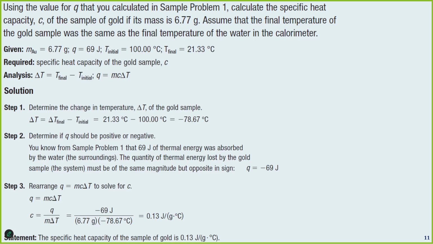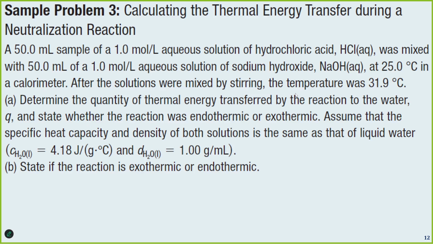Any questions? Alright, if not, let's have a look at another problem here. Consider sample problem 3. Try to solve this by yourself, and then we'll have a look at the solution together, okay?